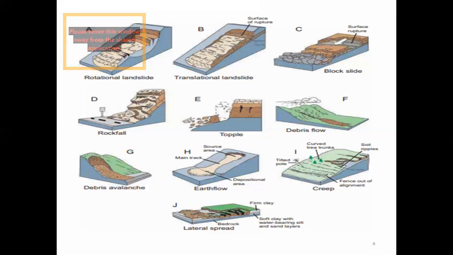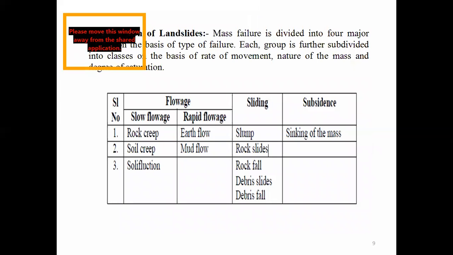Debris flows are also there, debris avalanches are also there. Earth flow, you might have seen in some cases. Creeping, where the speed is somewhat lesser, and lateral spread is also possible. So these are all the different things you're going to observe in slides.